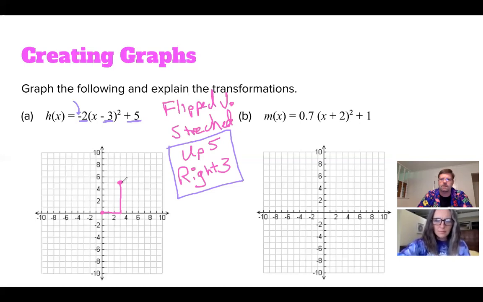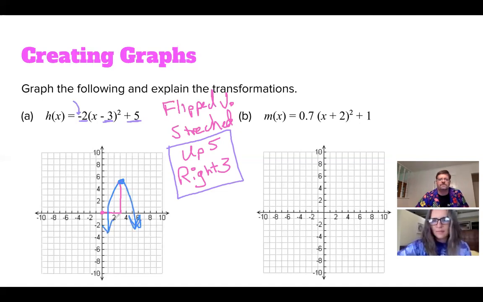So he just slid that vertex using those transformations. Now, this is my point on my graph, and since I have the rainbow shoes on today, I can do it in a different color. And then it's going to be skinny and down, skinny and down.